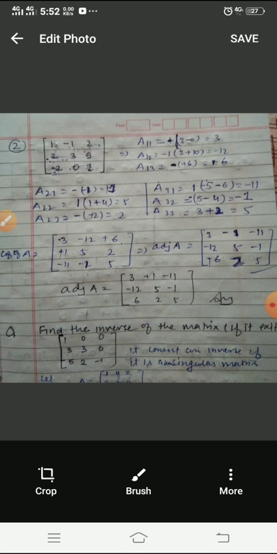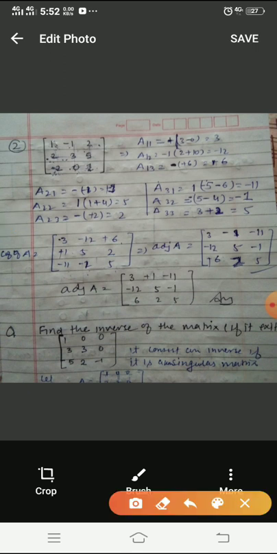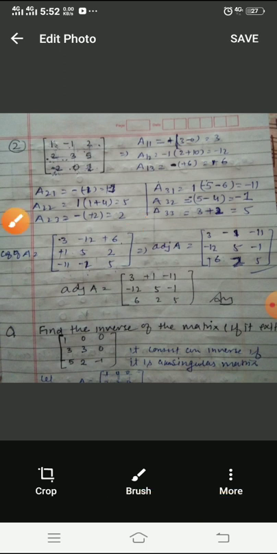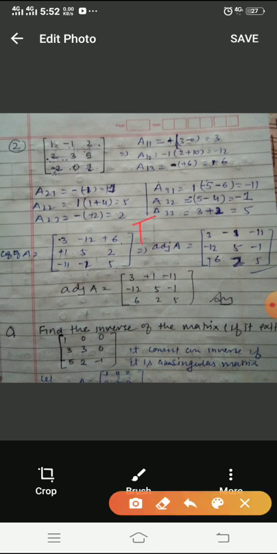So adjoint A is equal to the transpose of this. Clear? Now, how do we find the transpose? I told you, transpose is the rows changing into columns.